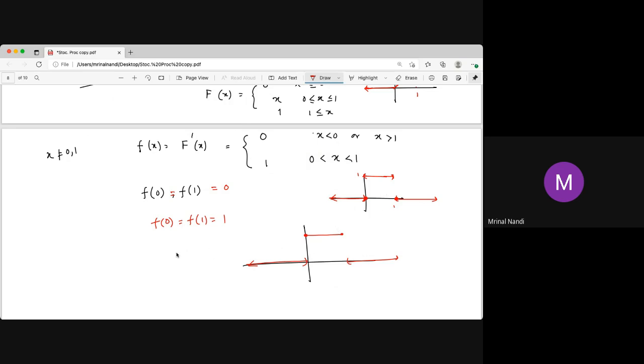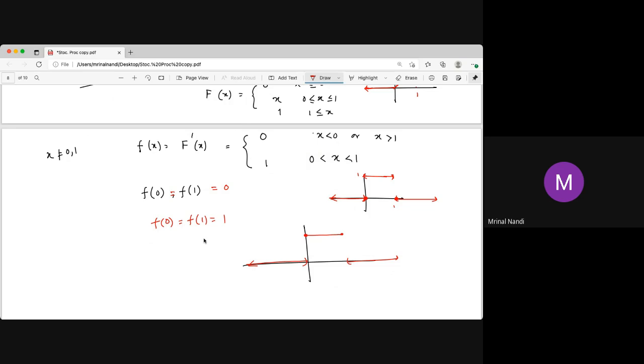Even if you take f(0) and f(1) as a half, it is still the same distribution function, because if you change the density function at only one point, the distribution function is not changed, because the integration will not change.